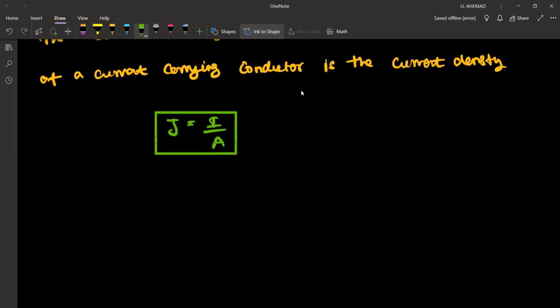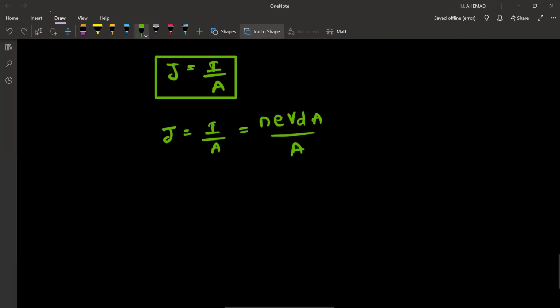But we know that J is equal to I over A. Instead of I, we have NEVDA over A. So just cancel off the area.